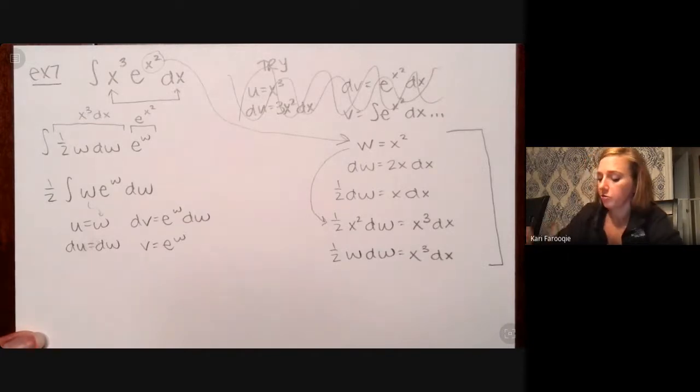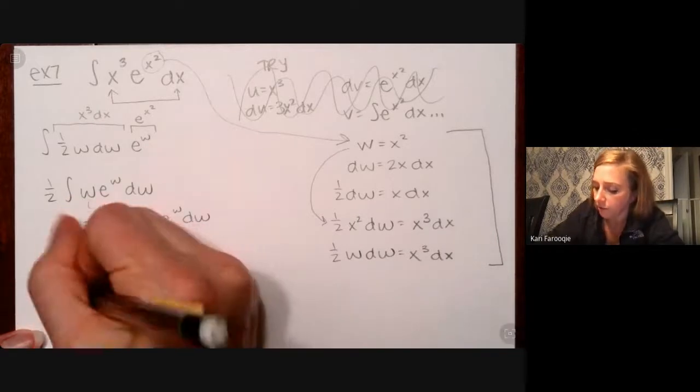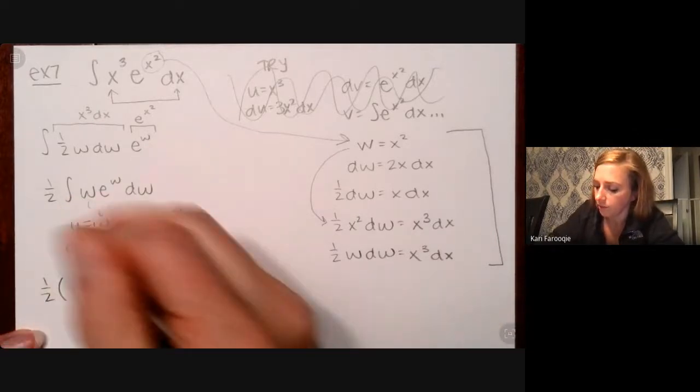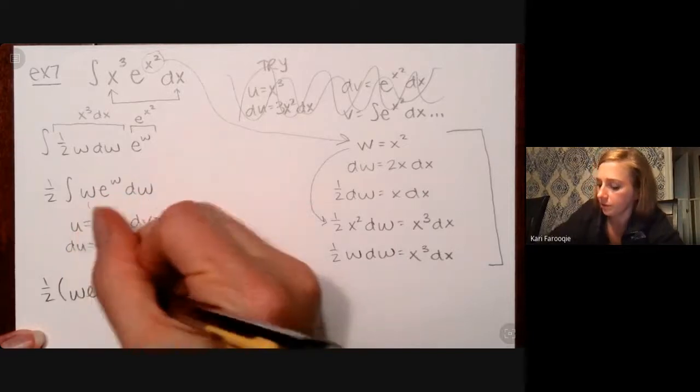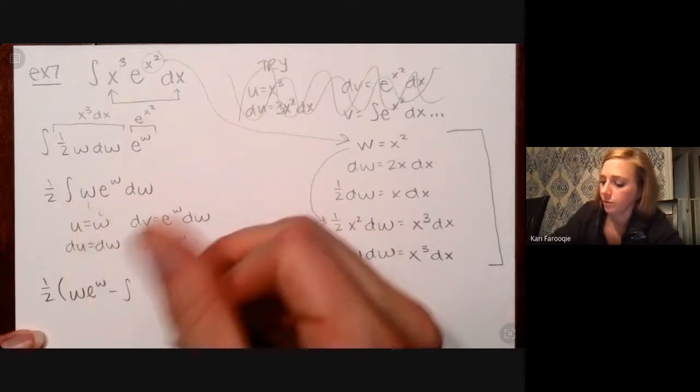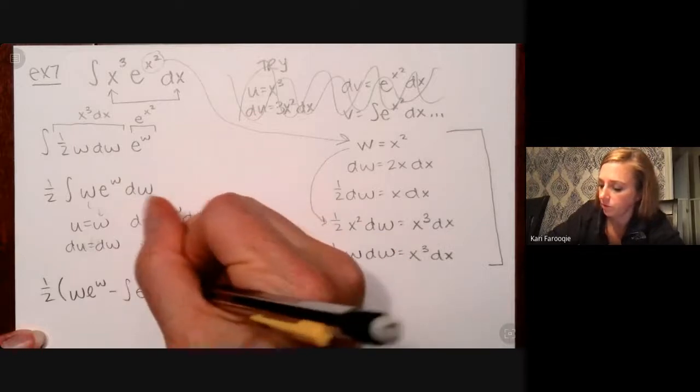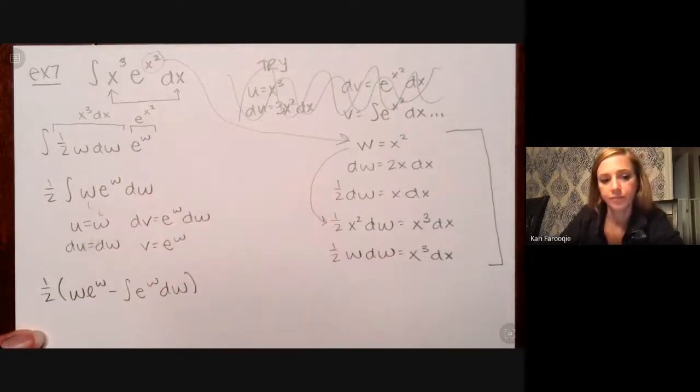Okay, now we'll apply parts to this. So we have 1/2 times uv, which was w e to the w, minus the integral of v du, so e to the w dw.